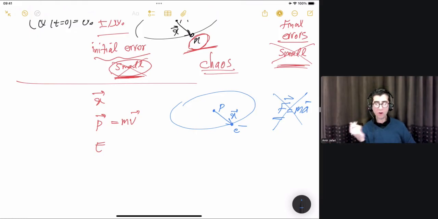But the point is that at these small scales, particles like electrons are not like little balls. They are something like a cloud, scattered, distributed in space. So they don't have a well-defined velocity, for example.